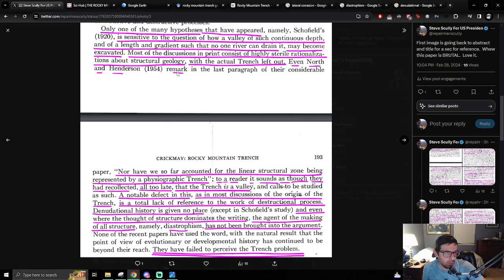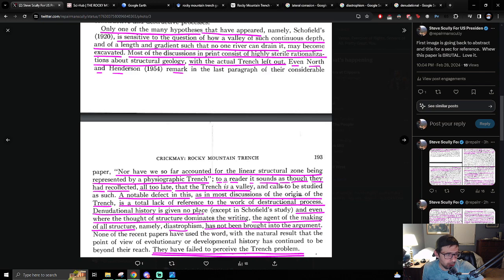Even North and Henderson remark in the last paragraph of their considerable paper, "nor have we so far accounted for the linear structural zone being represented by a physiographic trench." To a reader, it sounds as though they had recollected all too late that the trench is a valley, and calls to be studied as such. A notable defect in this, as in most discussions of the origin of the trench, is a total lack of reference to the work of destructional process.